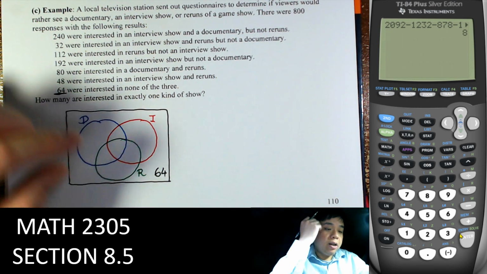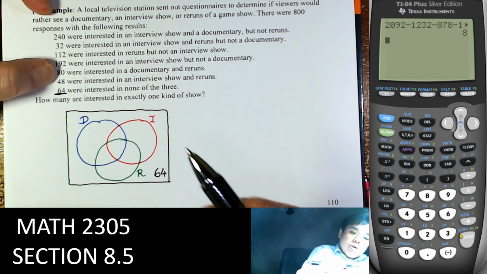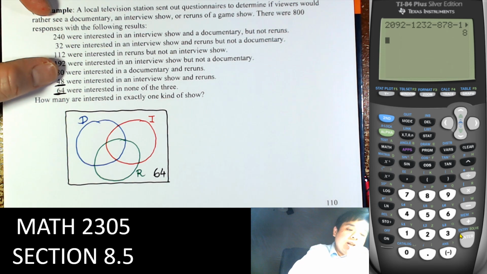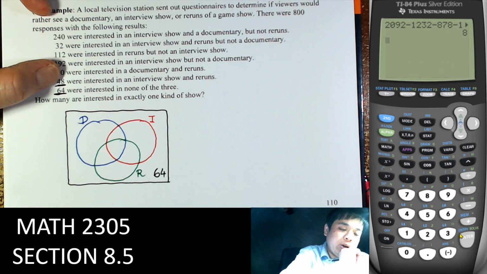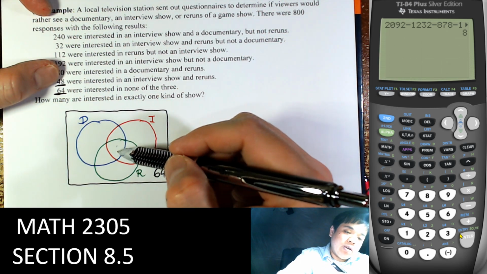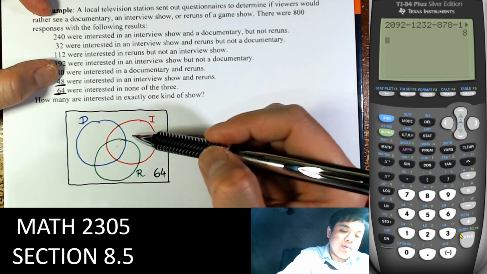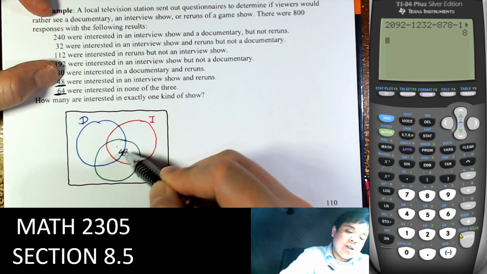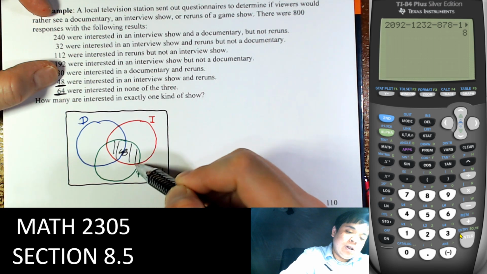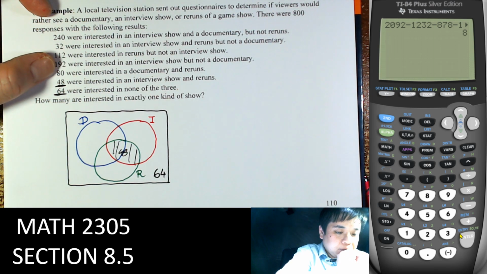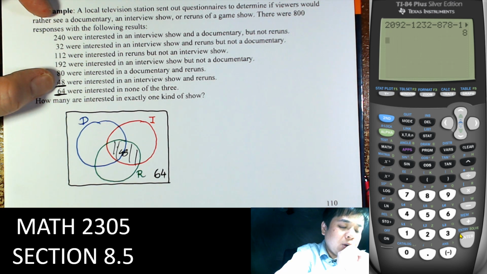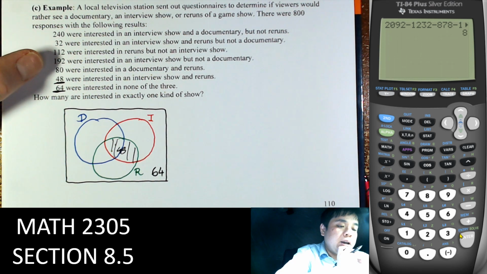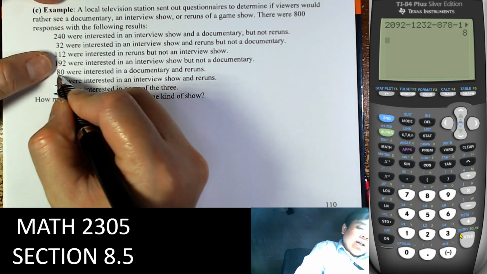Right. So then we'll just go with the smaller number. First, 48. 48 is interview show and rerun. Next, 80 documentary and rerun.